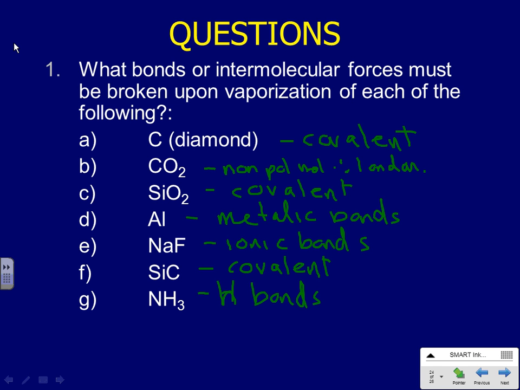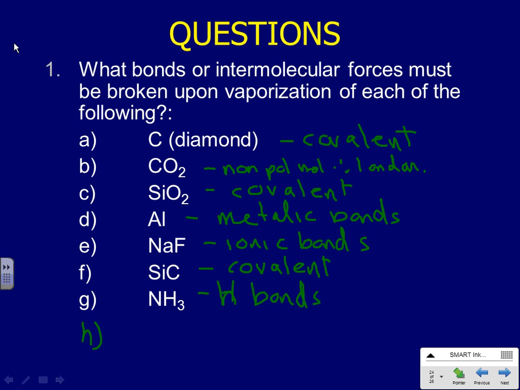Ionic is ionic, if it's an ionic compound. If it is a metal, we're breaking metallic bonding. If it is a covalent network crystal, one of those I asked you to memorize, covalent bonds are being broken. And if it's a small molecule, molecular crystal, then you have to default back to what we did in the previous lessons to figure out whether it is polar or non-polar, et cetera. I didn't have a simple dipole in there.